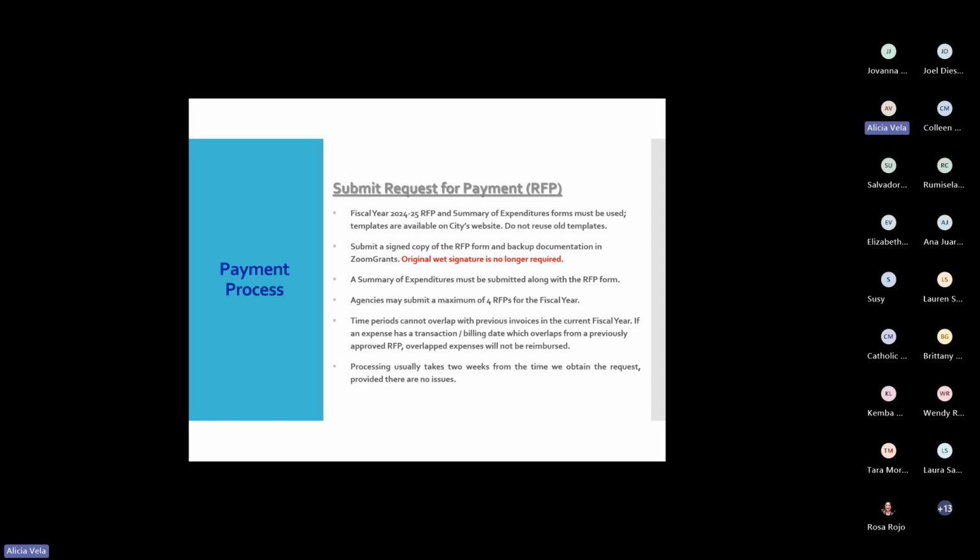So we just look at those dates to make sure that they don't overlap. Processing usually takes 2 weeks from the time we obtain the request, as long as there are no revisions that need to be made or issues that need to be addressed.